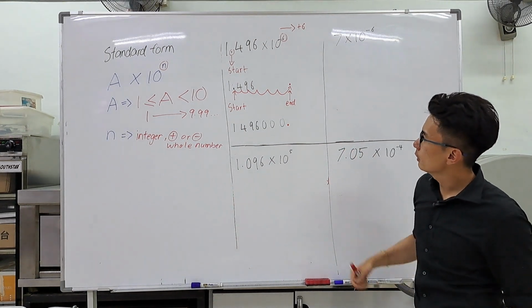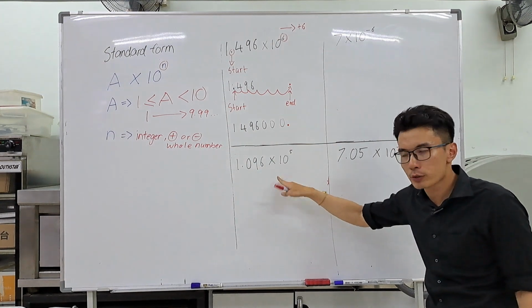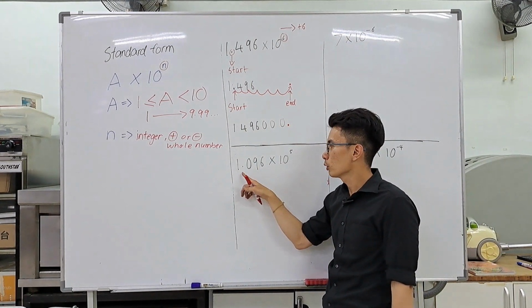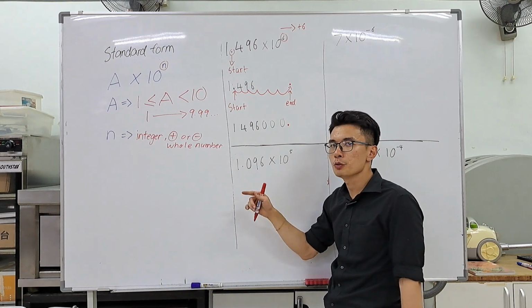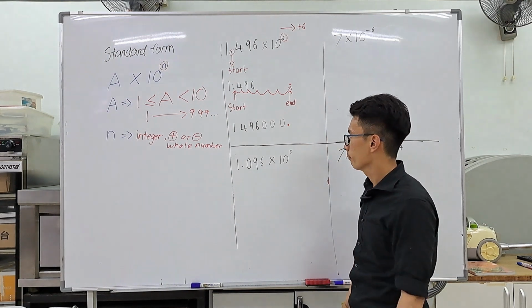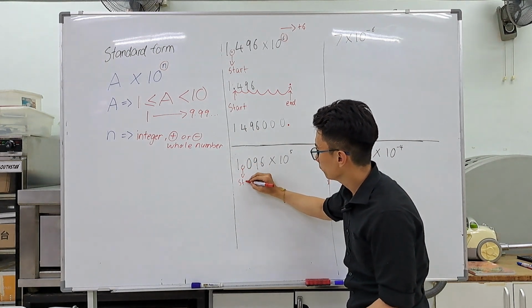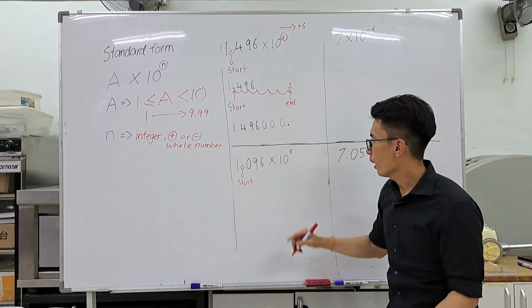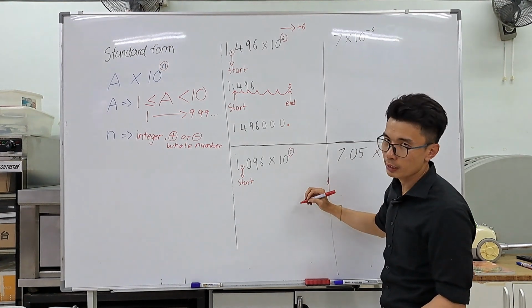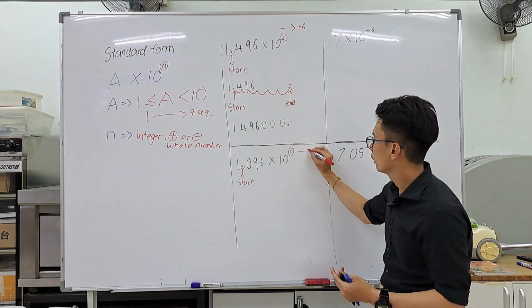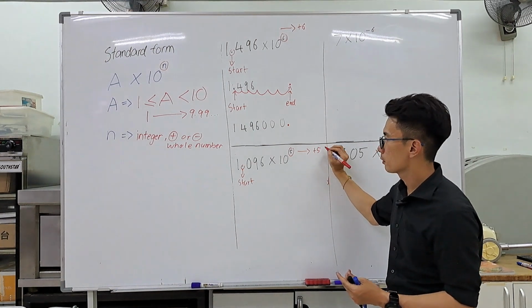Very similar, we can take a look at this example as well. This is given in standard form. This decimal place is telling you the starting point, and this plus 5 is telling you that the decimal point will be jumping to the right 5 times.